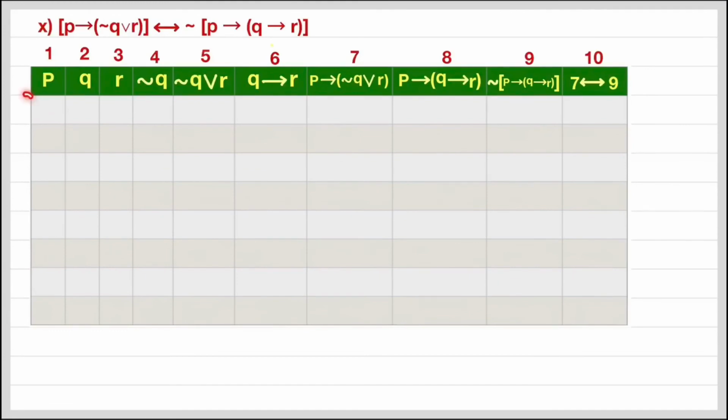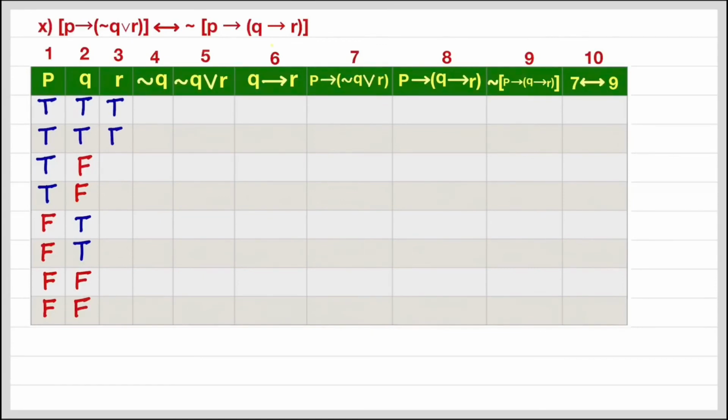For P, take the first 4 values true and the last 4 values false. For Q, we have to make it half, 2T, 2F. Repeat it once again, 2T, 2F.